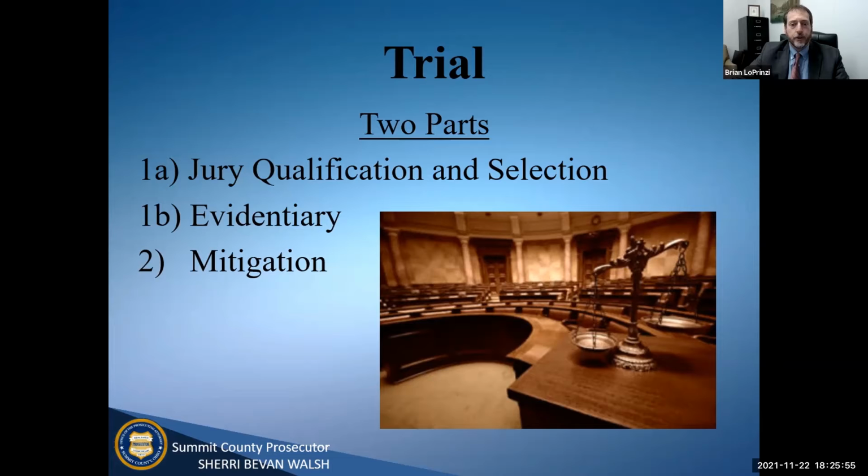We have 9 grand jurors, so 6 is actually not more than 2/3. So 6 is not enough. You have to have a 7 in order for it to get beyond grand jury and get an indictment. But later on, we'll talk about this in the trial process, it would have to be unanimous at the trial process, which we'll talk about here.